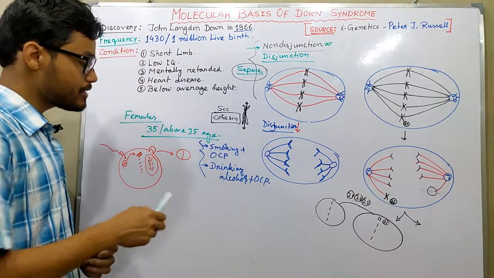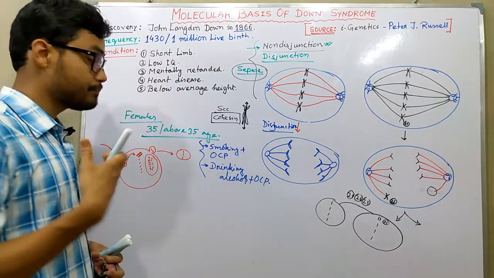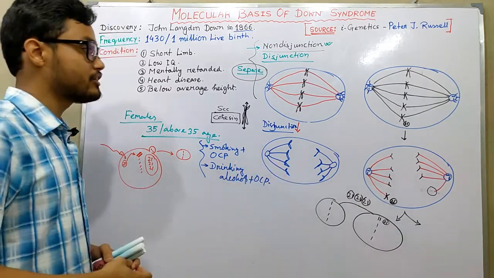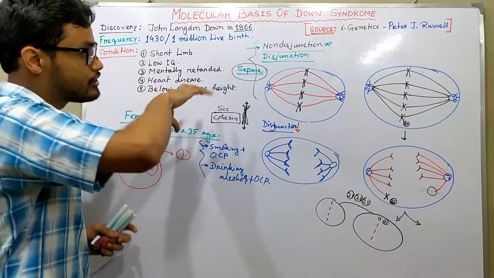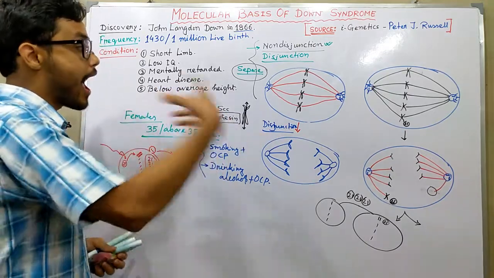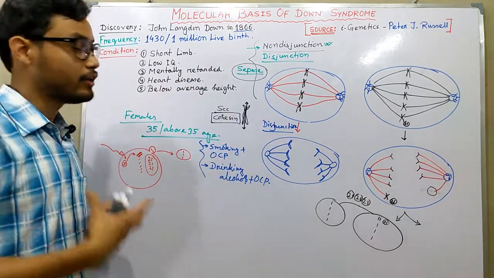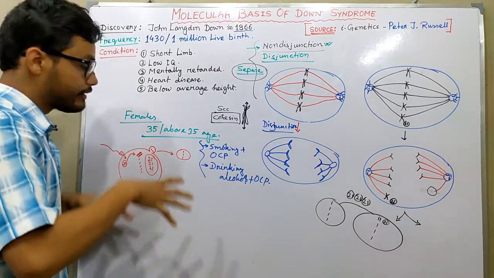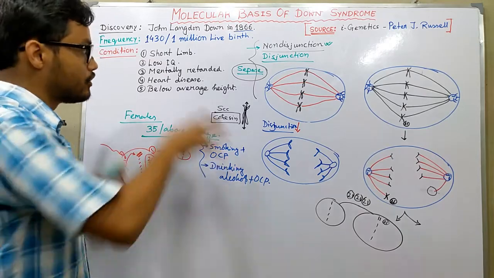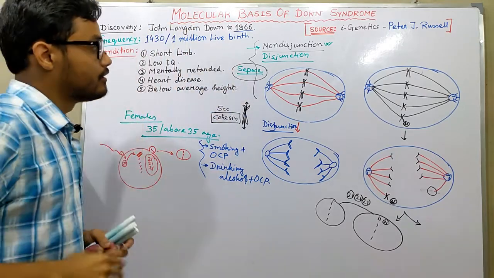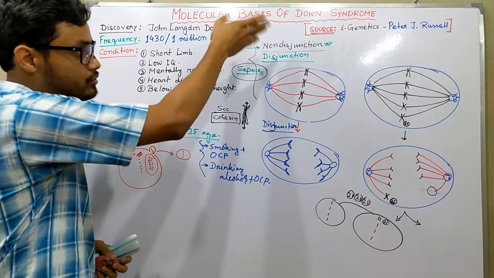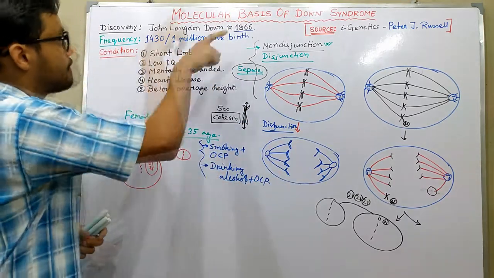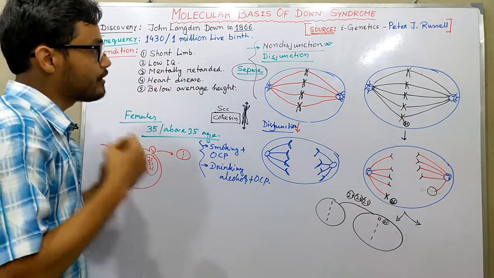So oral contraceptive pills with smoking, and oral contraceptive pills with drinking alcohol, increase the risk of non-disjunction. That is why non-disjunction happens, and 21 trisomy particularly occurs inside of an ovum, and it ultimately results in a trisomy of 21, and it leads to Down syndrome. Okay, this is the molecular basis of the 21 trisomy condition.